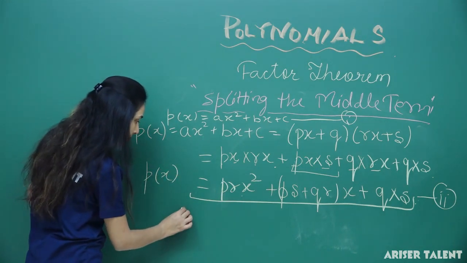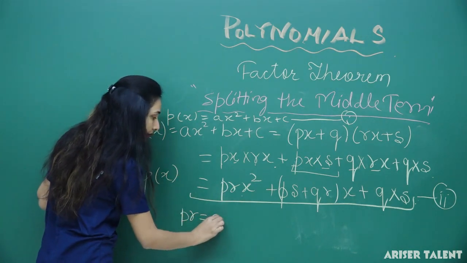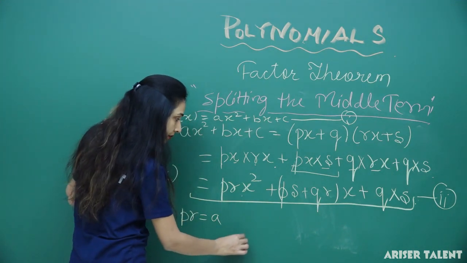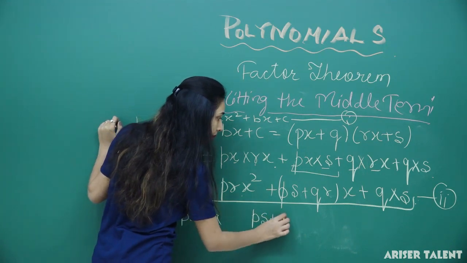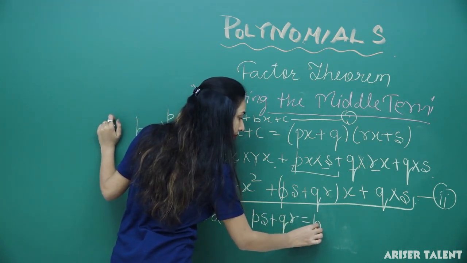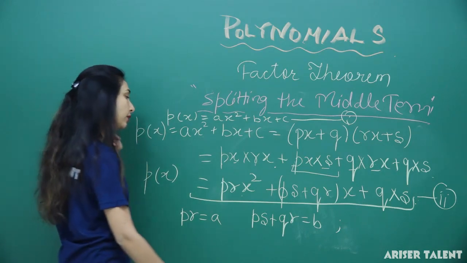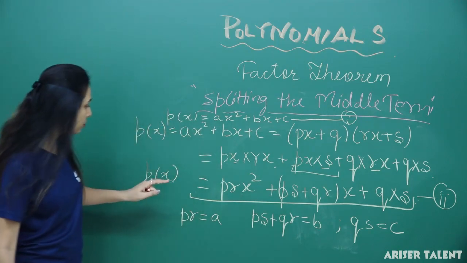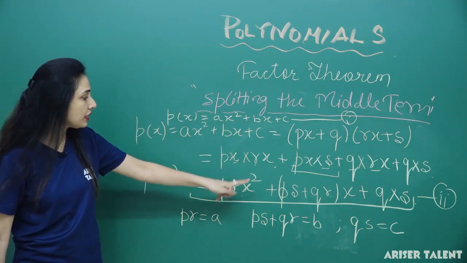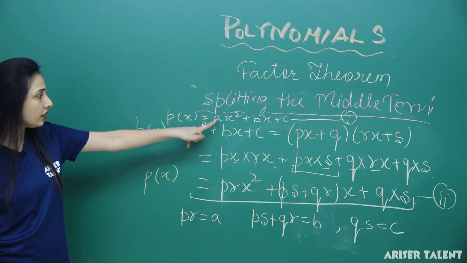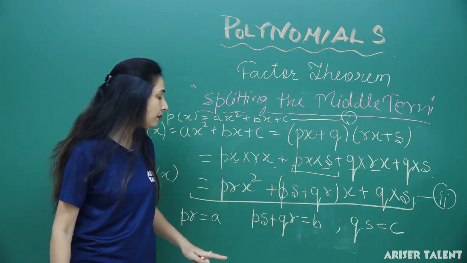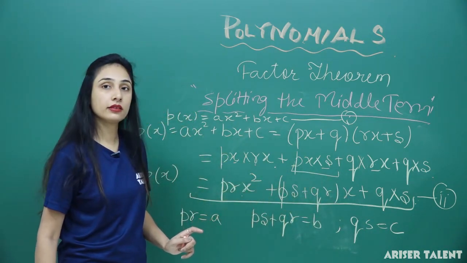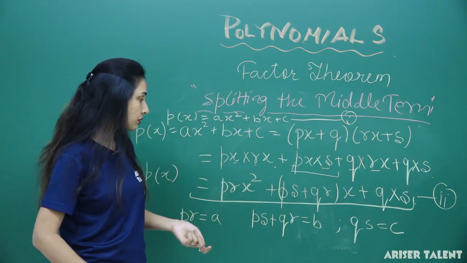So, that will give you pr equals a, and then ps plus qr equals b, and then qs equals c. Understood? We are comparing the coefficients here. So, pr equals a, then the b value is ps plus qr and the value of c is qs. So, these are the values.